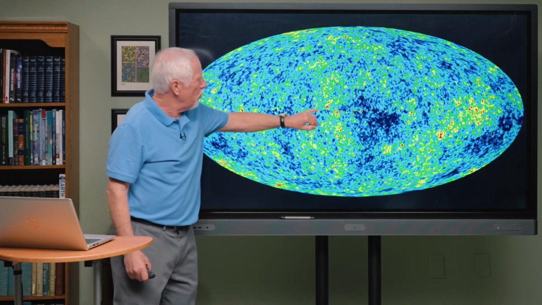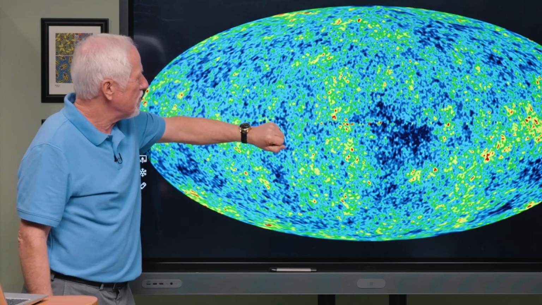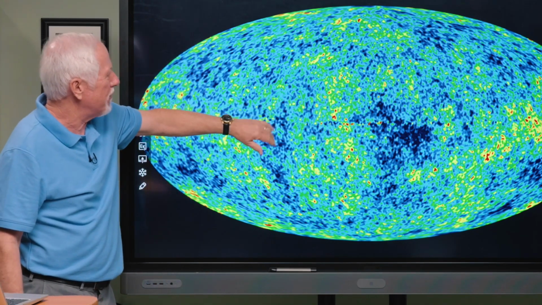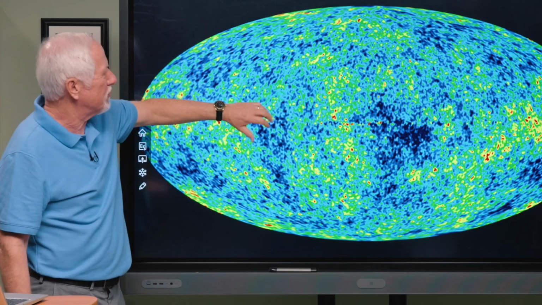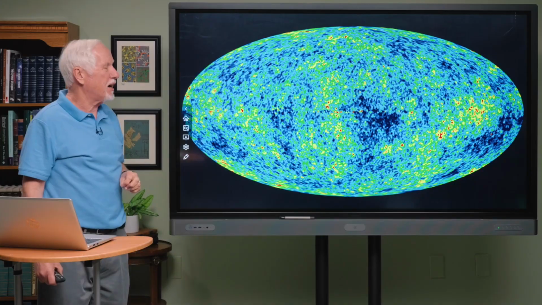The yellow and the red are warmer than average, and the blues, the light and dark blues, are the sign of below average. I guess the greens are kind of in between, but you've got this color coded, so you get this modeled appearance, and that's basically what it would look like. Fluctuations of 1 part in 100,000. I'm impressed. That's really, really, really faint. We'll come back to that.